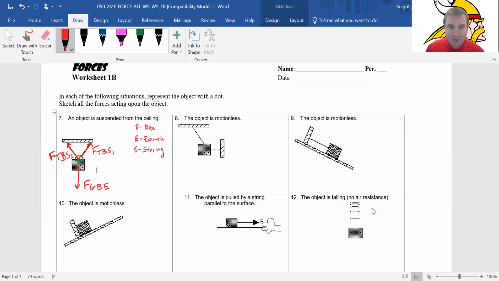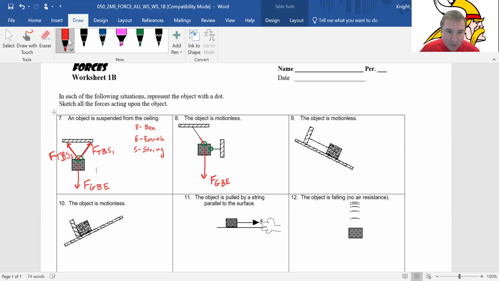All right, next one. Always going to have gravity. So I'm going to put gravity on there on the box because of the Earth. And then this one actually is my first case where I have two contact points. I have a contact point here because of that string and a contact point here because of this string. All right, and each one of those is contacting because of a string.